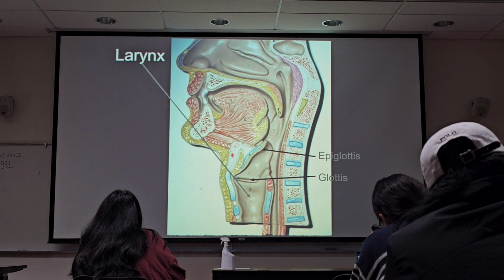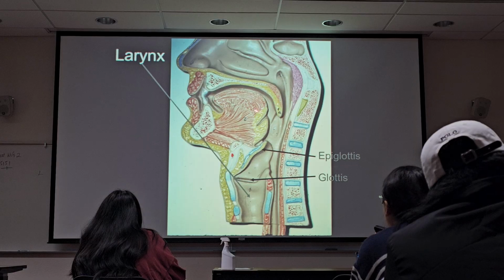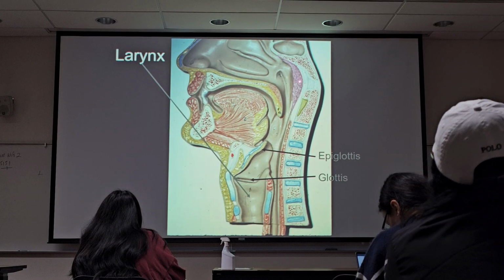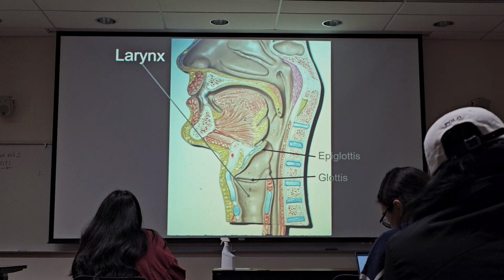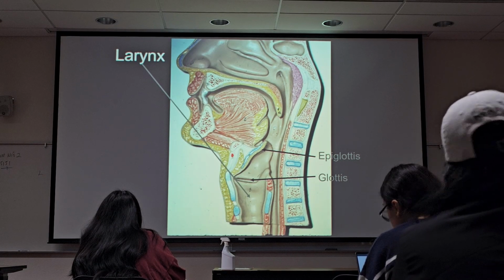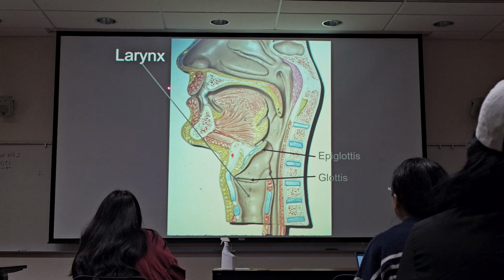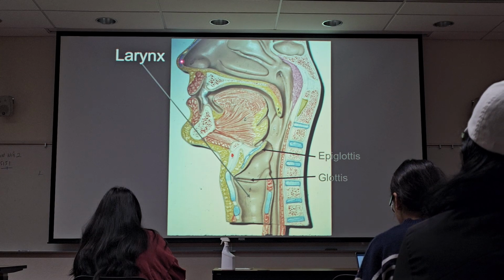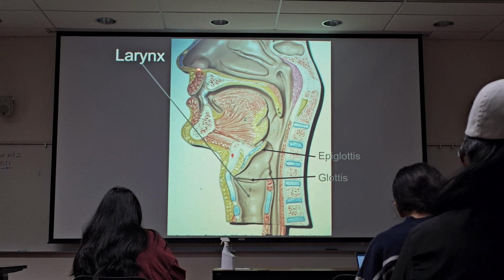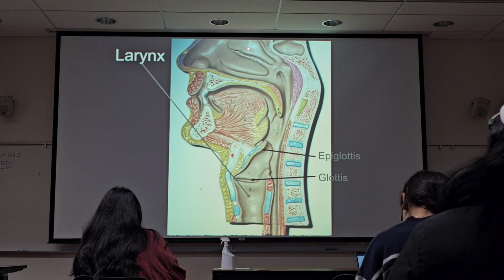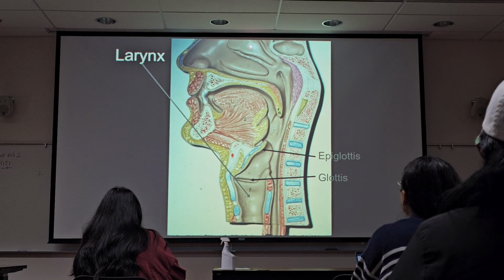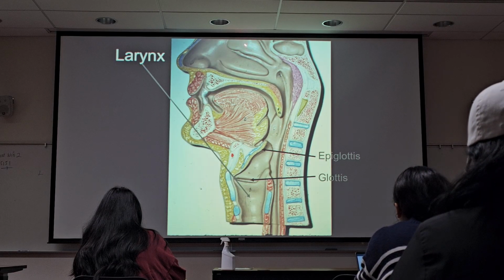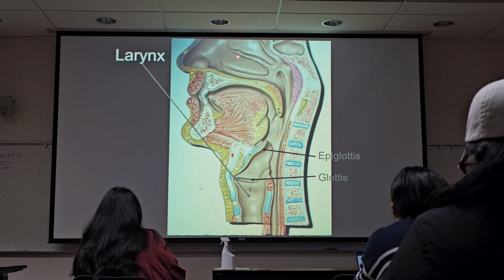All right, so now, let's backtrack. External nares, pathway of air. Sounds like a test question. Pathway of air: external nares, vestibule, nasal cavity, where we find the superior, middle, and inferior meatus and concha.